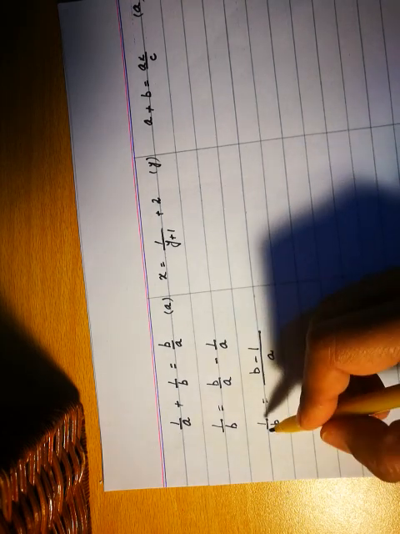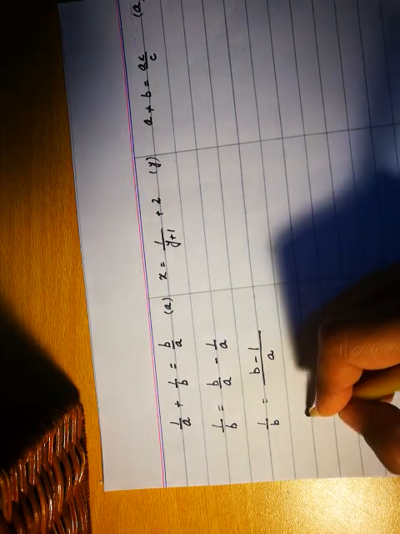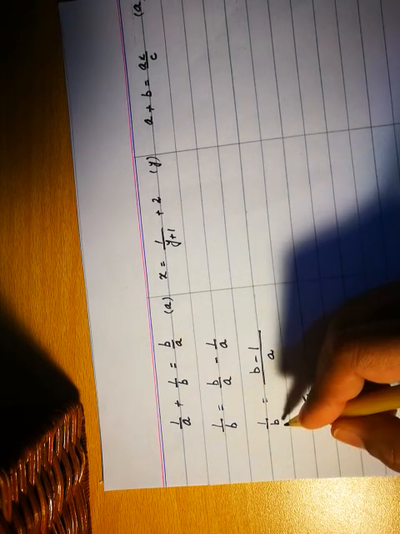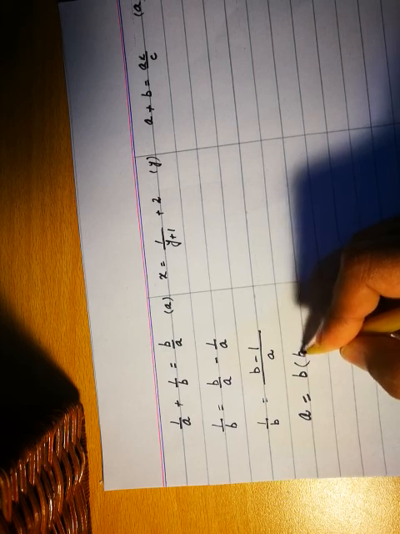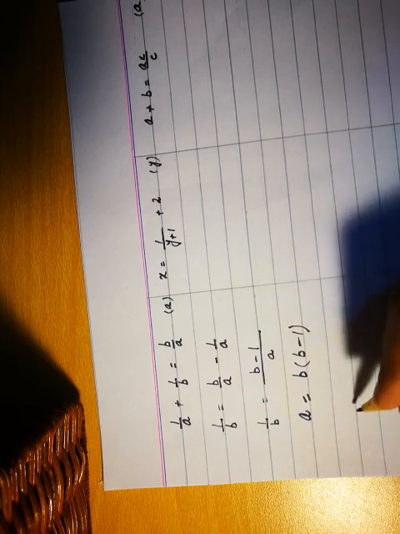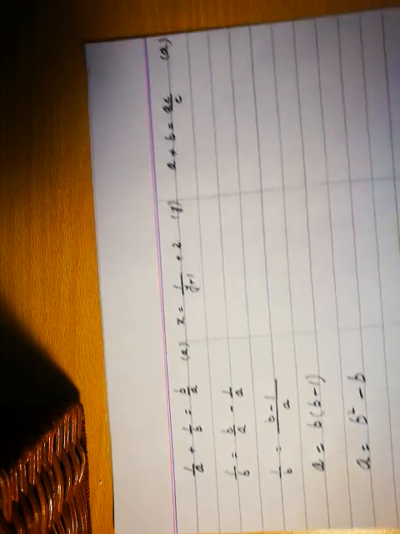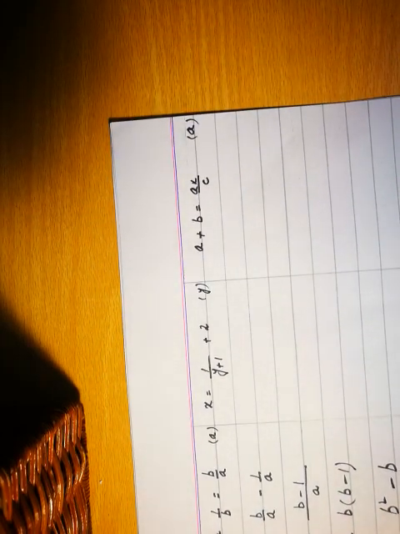So I have to shift it to the other side. I'll be having 1 times a, that is a, and I'm going to shift this b to the other side. Here it is in the denominator, there it will be in the numerator. You can write the answer this way, or you can give your answer b square minus b. Both ways it's right.